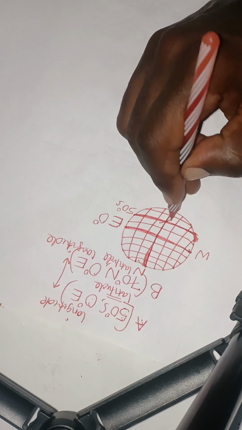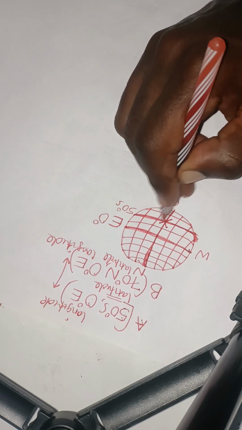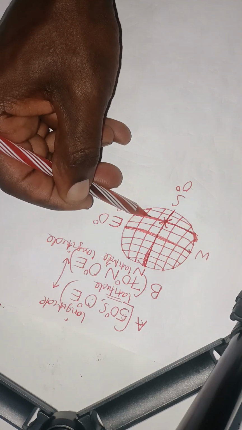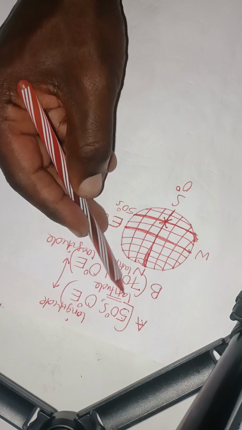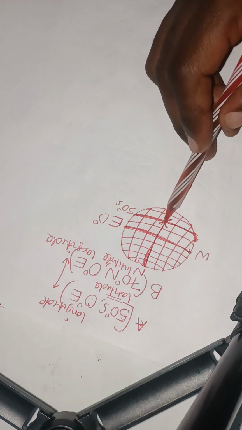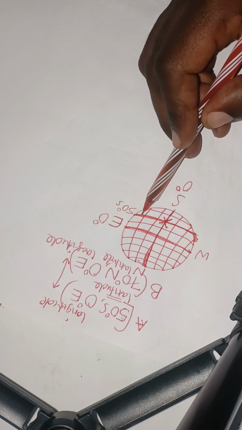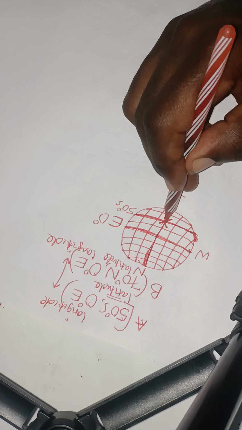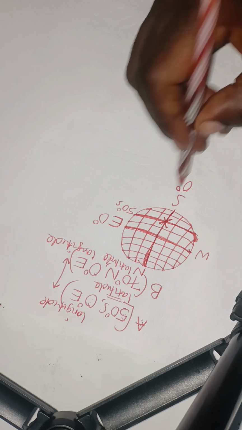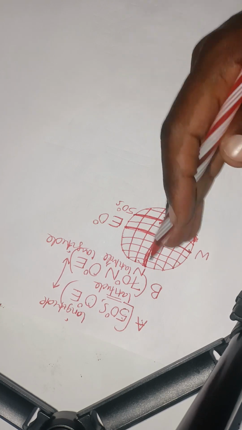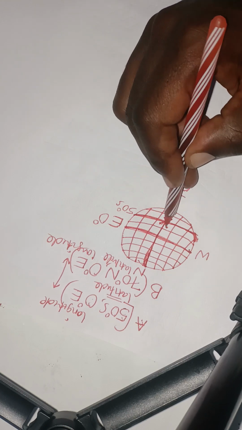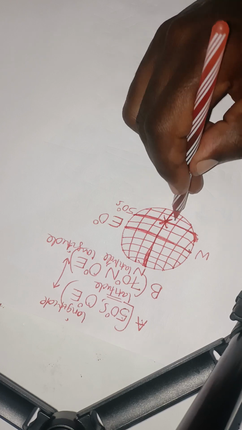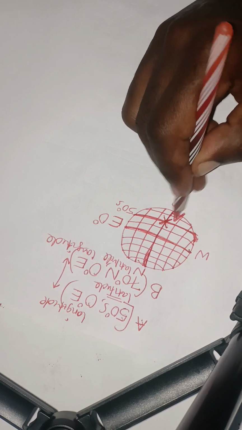This is the exact point where point A is located: 50 degrees to the south for the latitude, then as you move from the prime meridian towards the east, you move 0 degrees, meaning you've not moved from the prime meridian. Where they meet gives us point A.